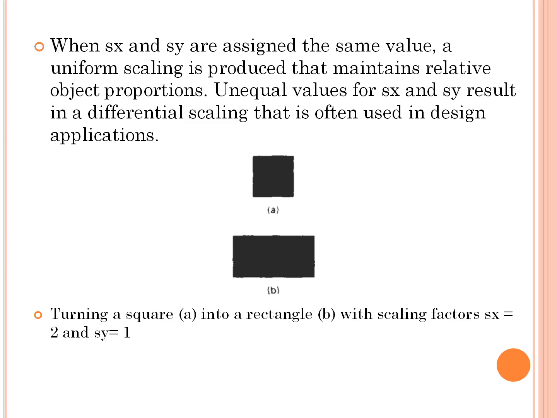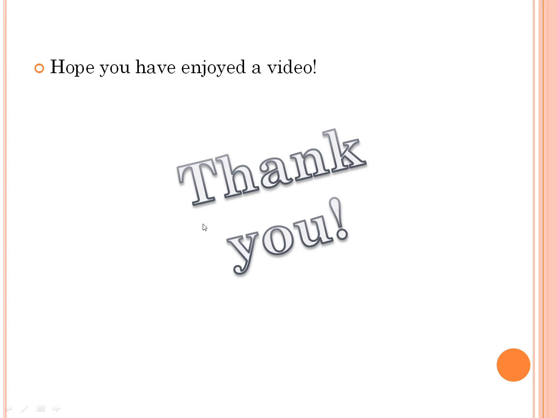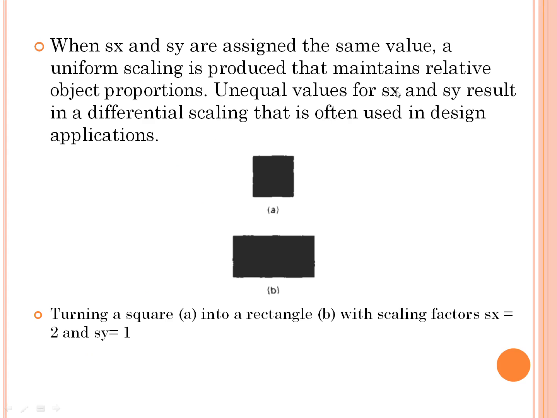And if sx and sy have different values, let us suppose sx equals 2 and sy equals 1, unequal values result in differential scaling, which is often used in design applications. Initially this figure is a square, and after the scaling transformation we get a rectangle because the scaling factors are not the same. That's why this square turns into a rectangle.